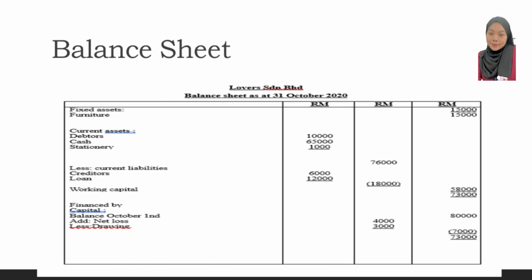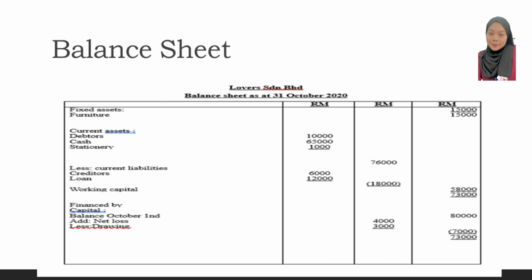The total for current assets is 76,000. Next, we have less current liabilities, which are creditors account 6,000 and loan account 12,000. So the total is 80,000.